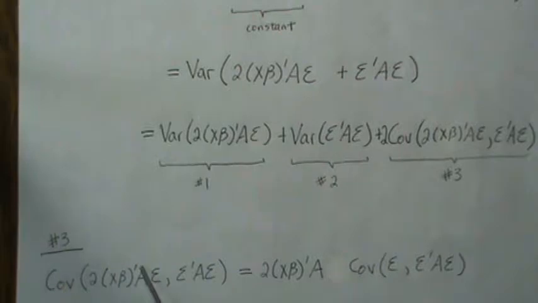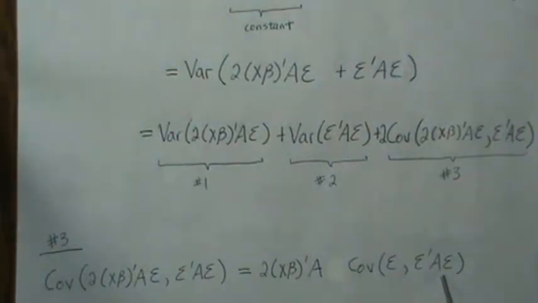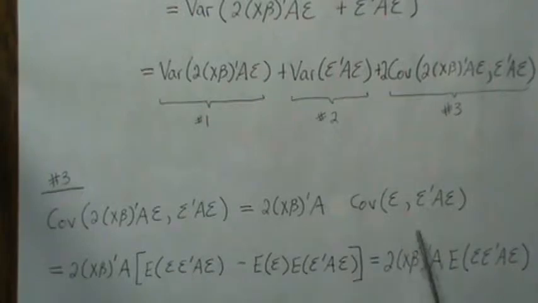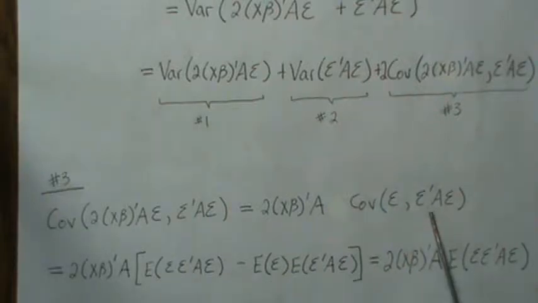Well, this matrix can be pulled out front, and that's what we do here. So now we're looking at the covariance of this. Okay, the covariance is, and this we'll just keep out front, the expected value of this times this minus the expected value of this times the expected value of that. And that's what we have here.